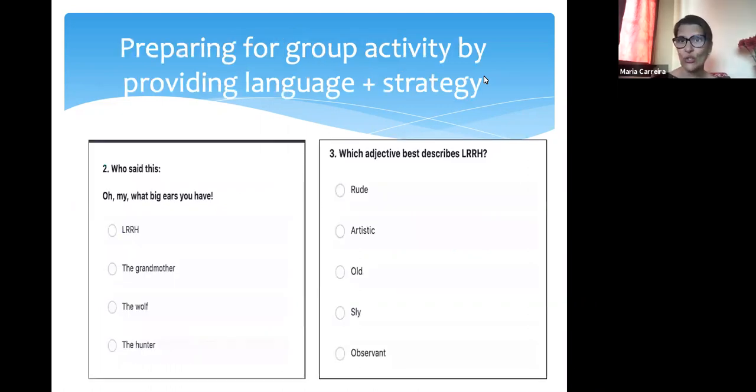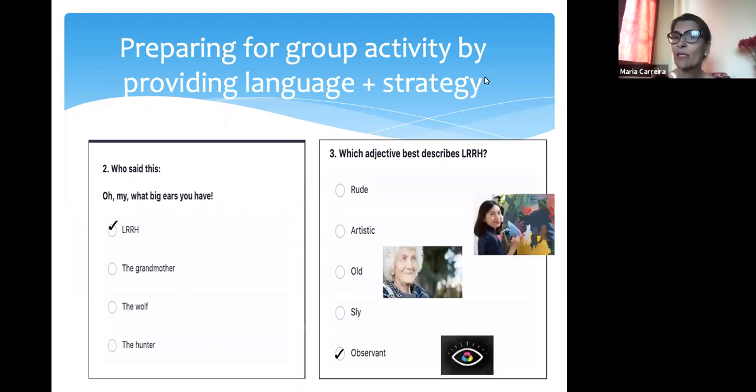This is what question 2 looks like. Clearly, the answer is Little Red Riding Hood said that. Question 3 asks, what adjectives best describe Little Red Riding Hood? And especially if you consider question 2, that she said, oh my, what big ears you have, you can see that she is observant. Now you might be saying, my students are not going to know observant, sly, artistic, rude, any of those.